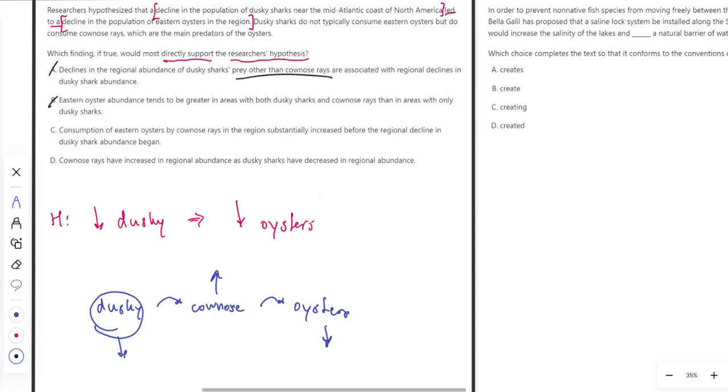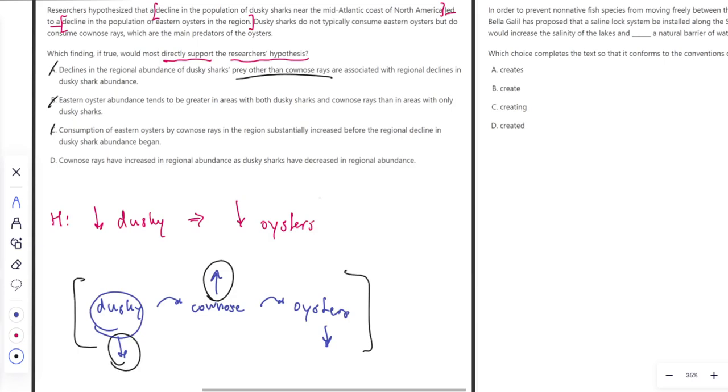Consumption of oysters by rays in the region substantially increased before the regional decline in dusky shark abundance began. No, that wouldn't really support the relationship that we set out right here. Cow nose rays have increased in regional abundance as dusky sharks have decreased in regional abundance.